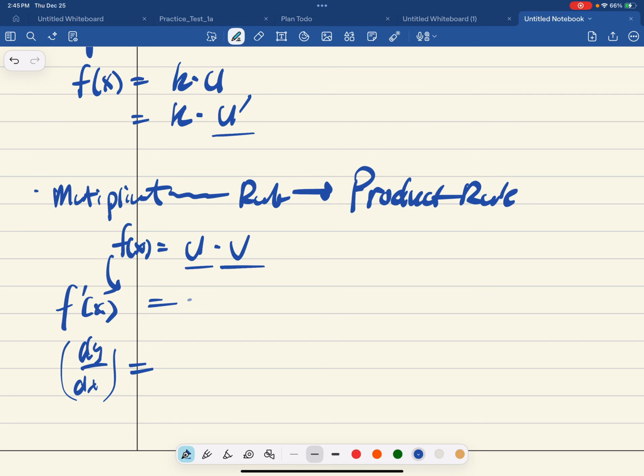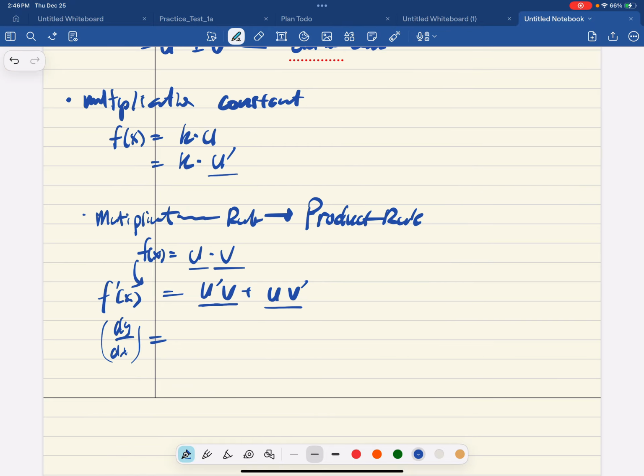So the product rule, a universal rule, is u prime v plus u v prime, and that's it. It's always a plus. Basically the first one prime multiplied by the second one not prime, so normal, original, and then plus the first one original and the second one prime. And that's it for the product rule.